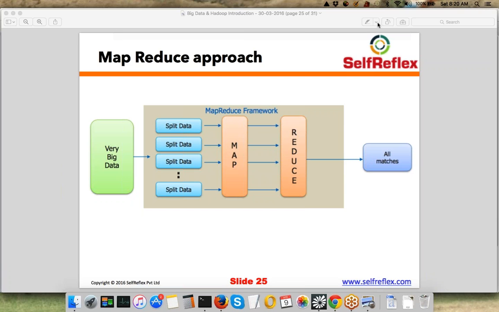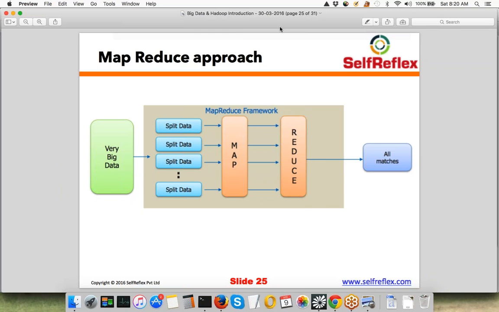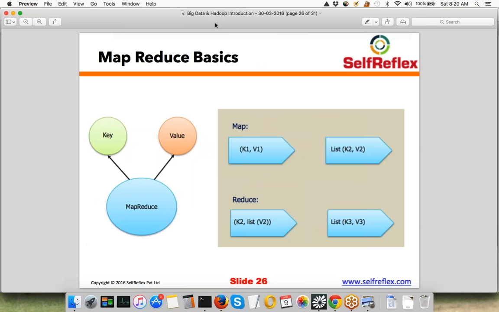So let's first talk about what are keys and values. There's no point talking about these things before knowing what exactly are keys and values in the MapReduce paradigm. Okay, so the basics of MapReduce are that your map function takes a key and a value as an input.